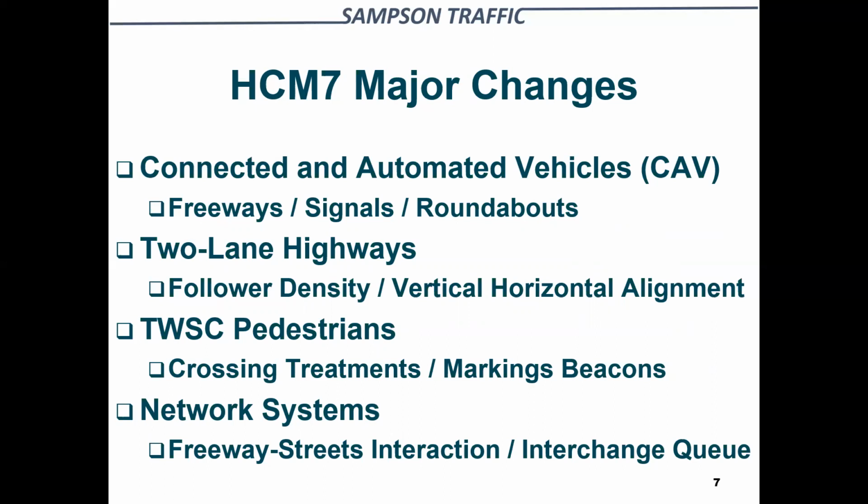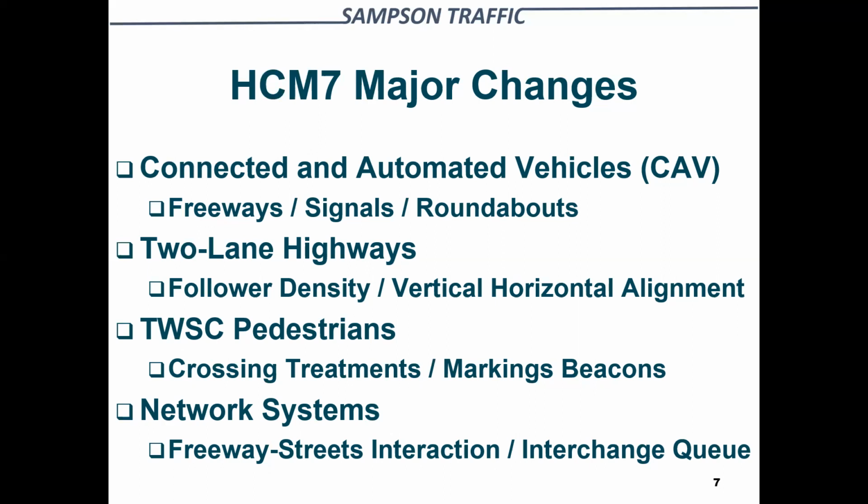The vertical and horizontal alignment is dealt with in great detail in this new procedure for two-lane highways, with slope coefficients and power coefficients, to come up with a way to help model how the two-lane highway is working, to get follower percentages and turn that into follower density, so that it's a density-driven level of service like all other uninterrupted flow procedures.